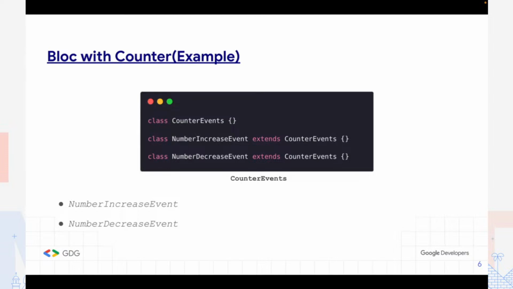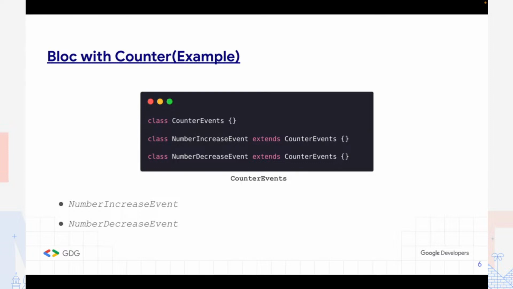Now, counter block will have these counter events: number increase event and number decrease event. As the name suggests, number increase event is going to increment the counter value by 1, and number decrease event is going to decrement the counter value by 1.